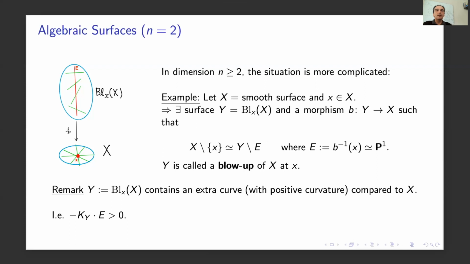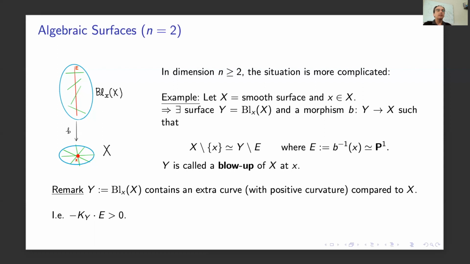In a more technical language, if we take K_Y to be the canonical divisor of Y, and E to be the exceptional locus, in other words, the preimage of the point that we're blowing up on X, then K_Y times E has negative intersection.